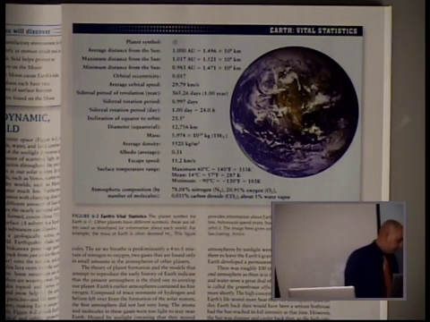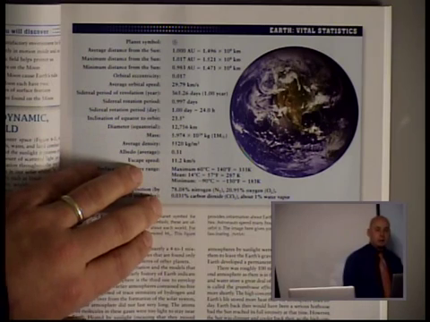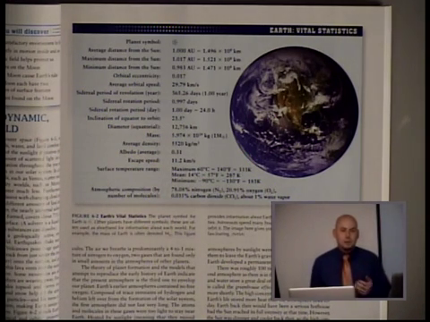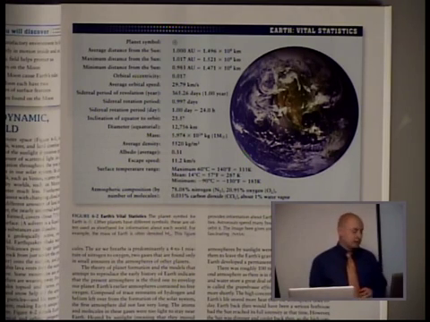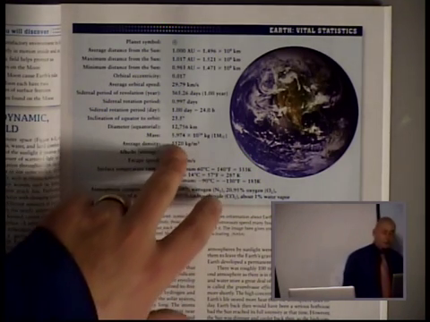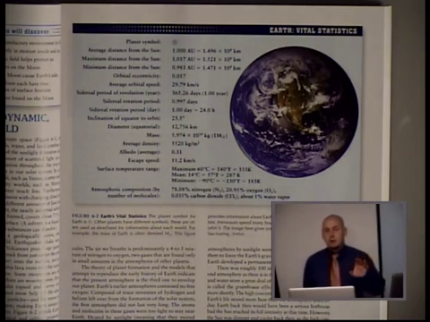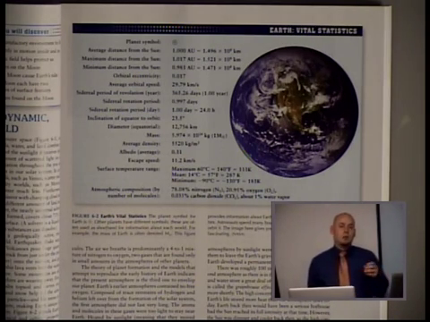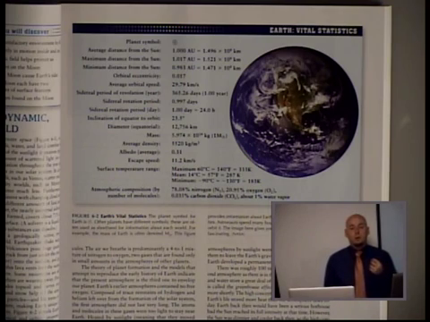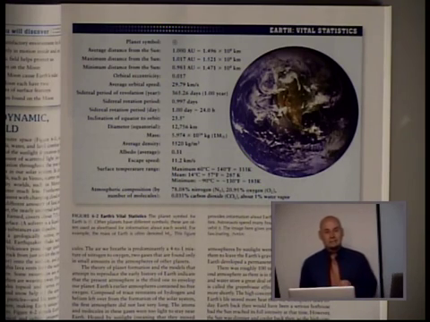By no means am I going to expect you to memorize this information or to be able to rattle off the top of your head the density of the Earth at 5,520 kilograms per cubic meter. That's not the point of this page. The point of this page is to give you a quick reference to some of that important data.